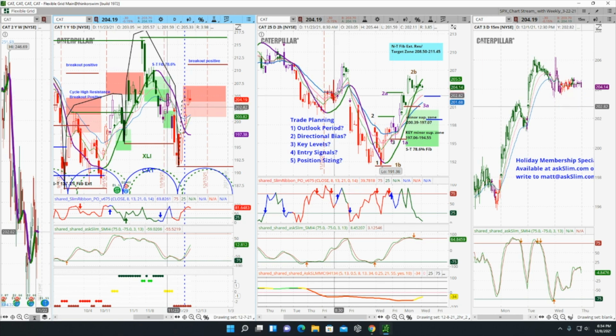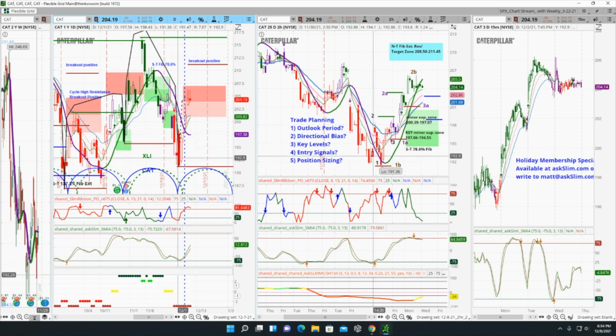So we had a negative signal here, and then the slim ribbon went positive, and it gives you this blue arrow that lets you know that that signal has been neutralized. But then we had a signal here where we had a rally that occurred, got into that oversold, and then the signal came, and we went from about 198 down to about 190. So overall, this is a very dependable way to look at signals on entry through momentum continuations.